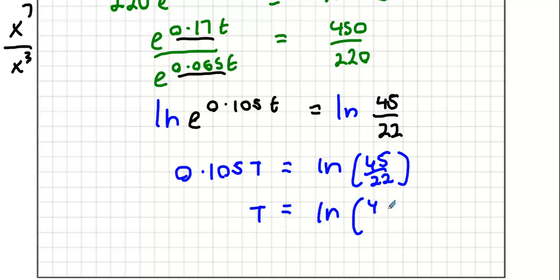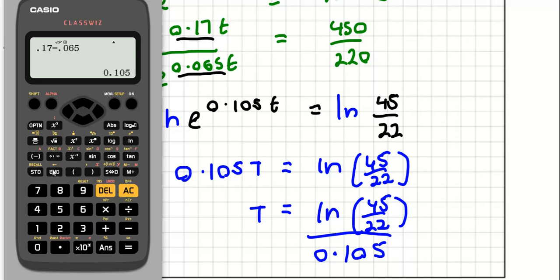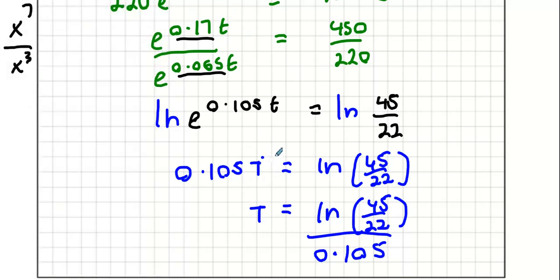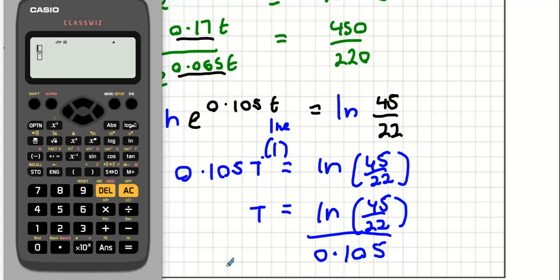Bring that 0.105 down. Everybody stick that in the calculator because I forgot the answer. Yeah, ln e is 1. It's just the number 1. So I didn't even bother that time. Exactly.